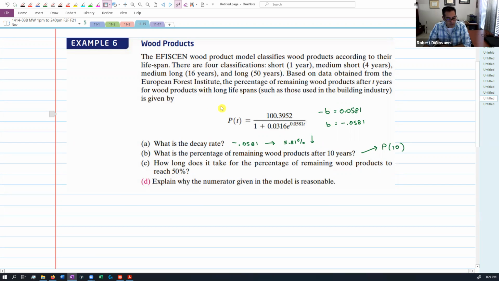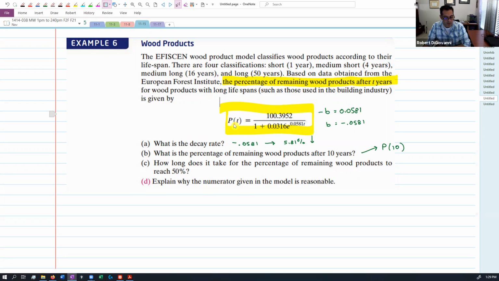Now, I want to make sure you understand this formula that they're given. What it gives is the percentage of remaining wood after T years. So this left side is the percent that's remaining.